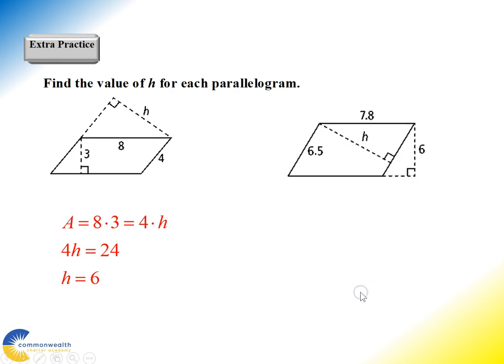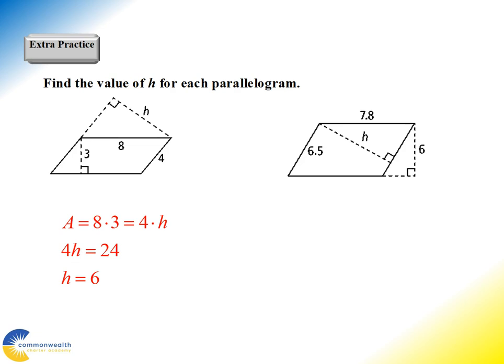In a very similar notion, here again you're given a parallelogram that has sides measuring 6.5 units and 7.8 units. You're also given a height of 6 units, and that's when we're using the side that's 7.8 units as the base. We now want to find the other h, which is the height of the parallelogram if we're using the side marked as 6.5 as the base.